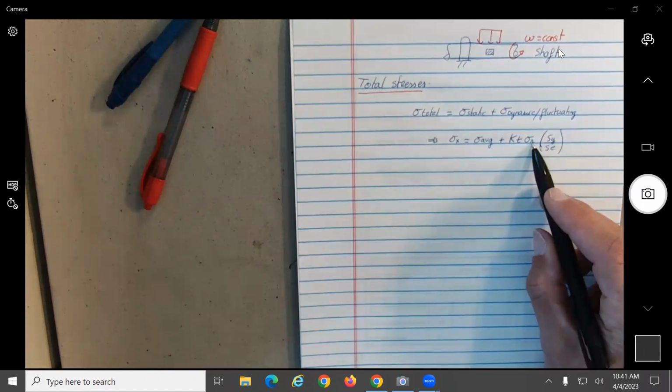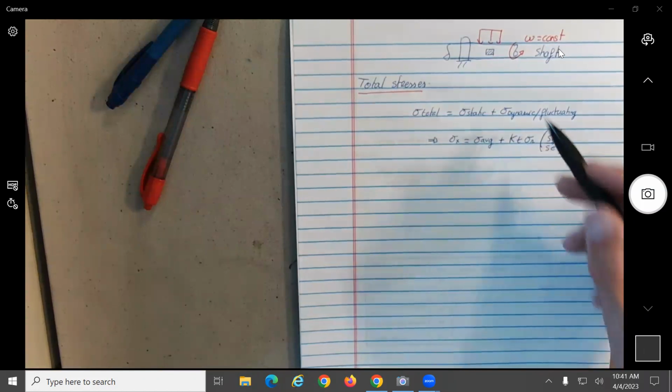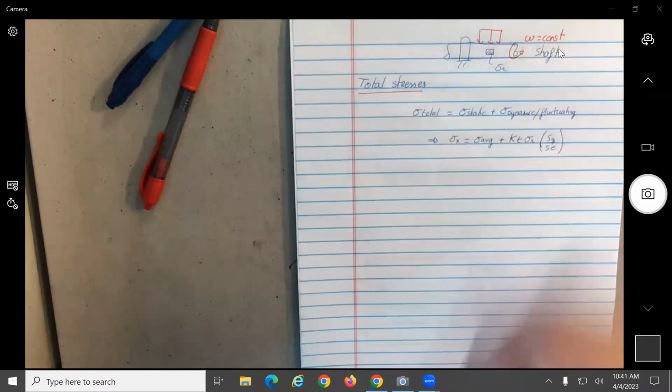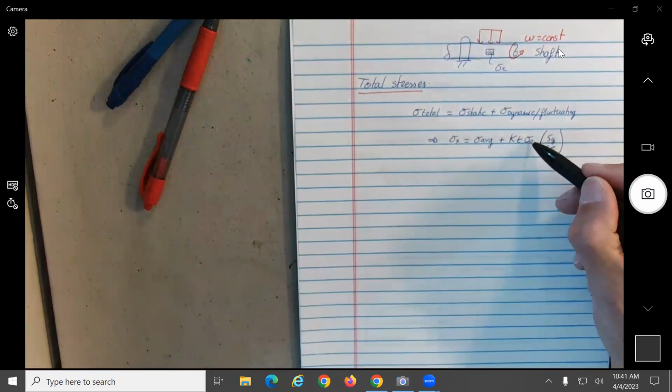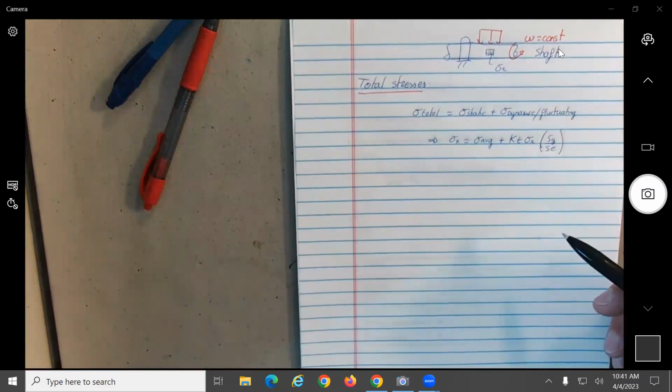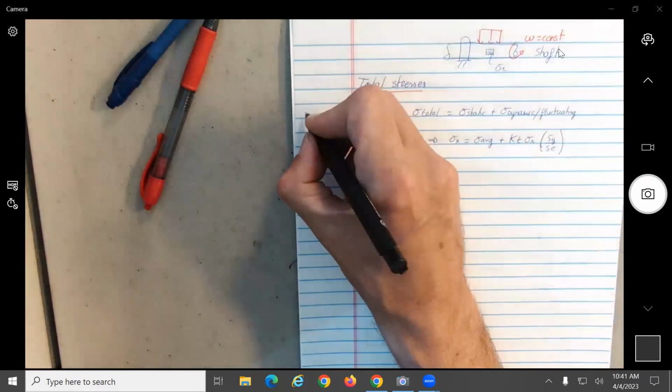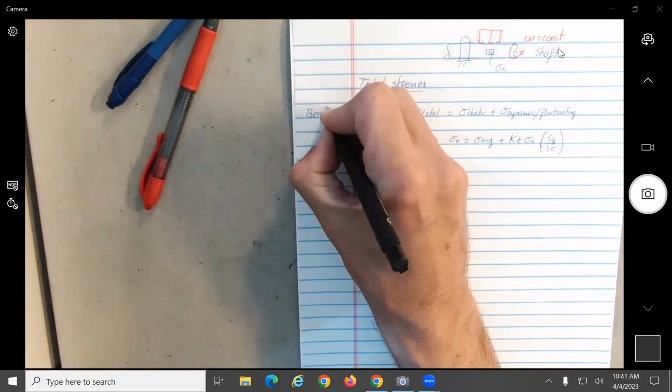This will be the stress of that element here, so it's part of the equation. I'm just calling this one here. So this is bending stresses.